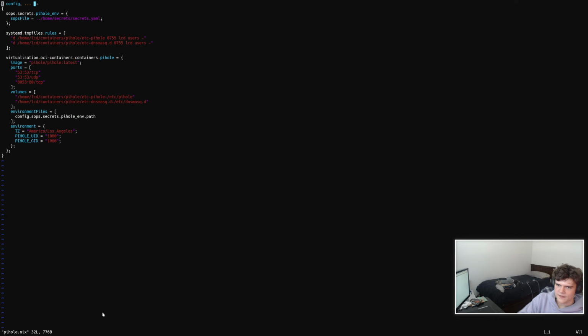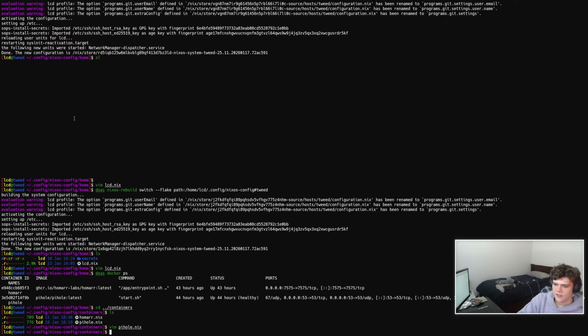This sets up OCI containers, virtualization OCI containers. It creates a thing in OCI containers called Pi-hole, and then I just link the Docker image. I forward the ports. I do the volumes. I give it the web password thing, which is in sops.